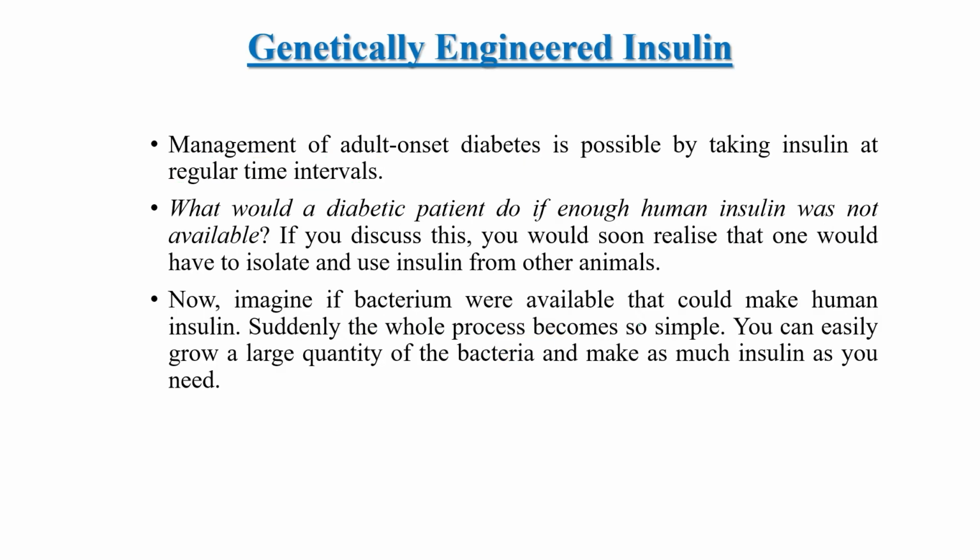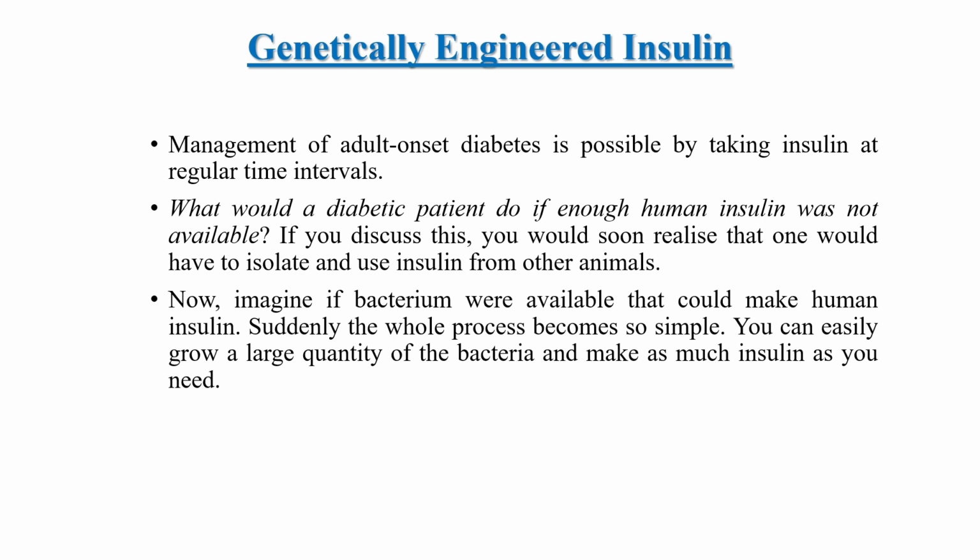Okay. So out of these therapeutic drugs and products, one of them is insulin, genetically modified or genetically engineered insulin. As you know, diabetes nowadays is a lifestyle disease, along with high blood pressure.